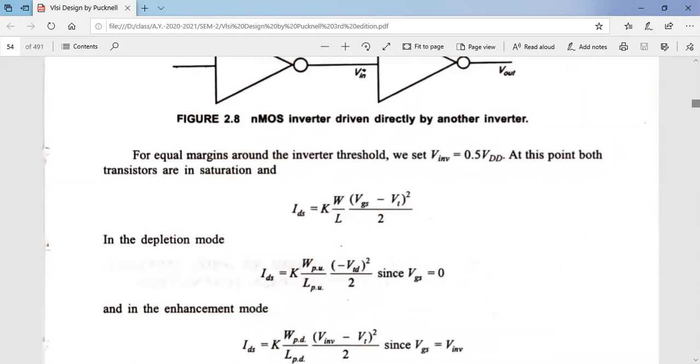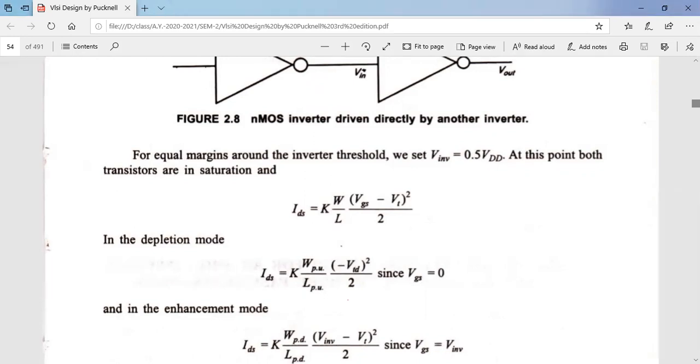VINV. What is this VINV? When you see the NMOS inverter transfer characteristics, we move from high to low or low to high. If you draw the transfer characteristics exactly and superimpose one above the other, you will have a particular point where both the waves bisect. That particular point is called VINV.